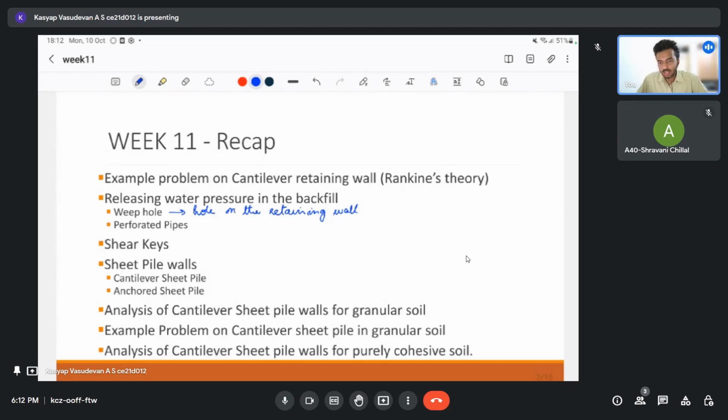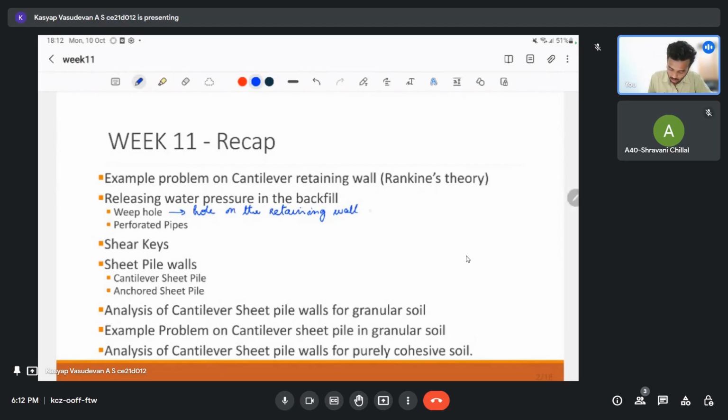When it comes to perforated pipes, we lay pipes which have holes on their boundary, and water gets collected in these drainage pipes, and these pipes are connected outside the structure so that it drains out of the backfill. So that is also possible.